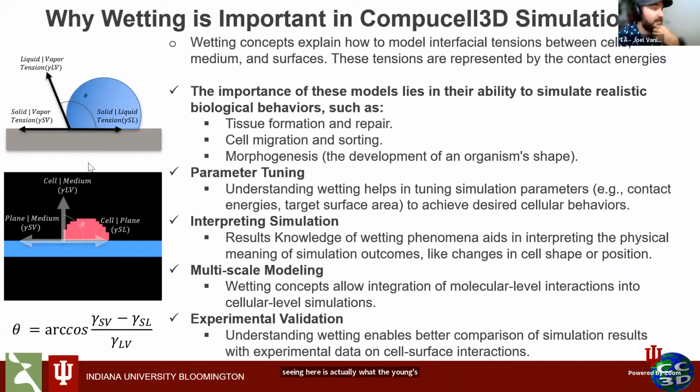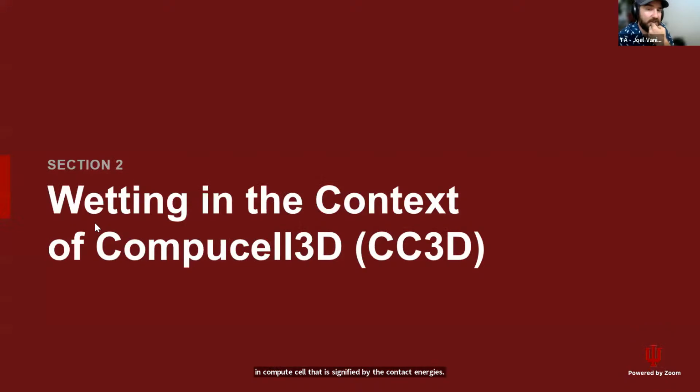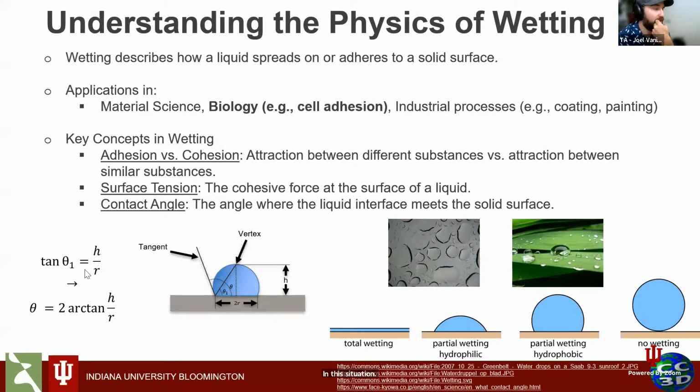It looks at the tension, but in CompuCell that is signified by the contact energies. So this is another way of deriving the same calculation we saw, but instead of using the Young's equation, I'm using geometry to get there.